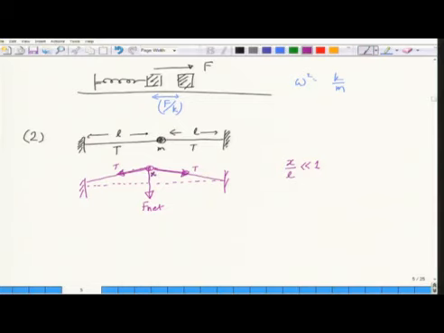On the other hand, if I pull this mass down like this, this is tension T, this is tension T, then the force is in this direction. So, you can see that when the mass is displaced, there is a force opposing that displacement.